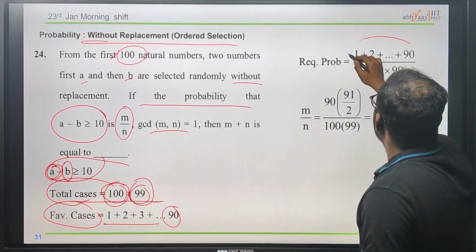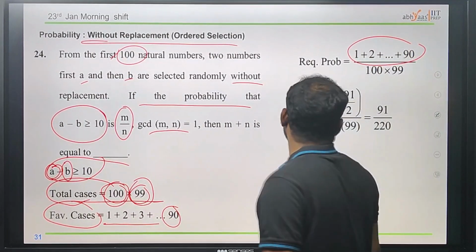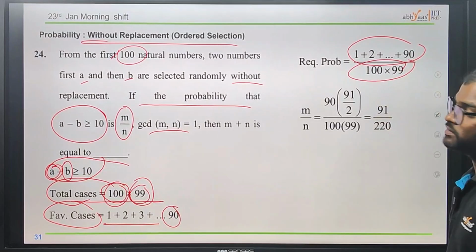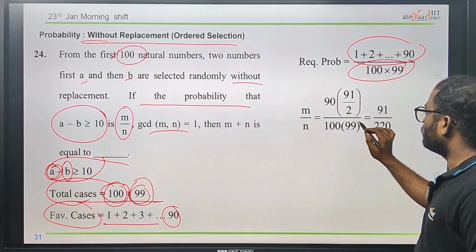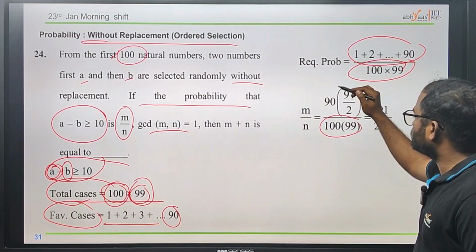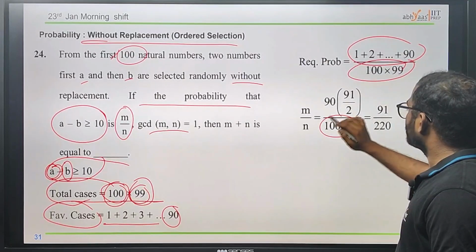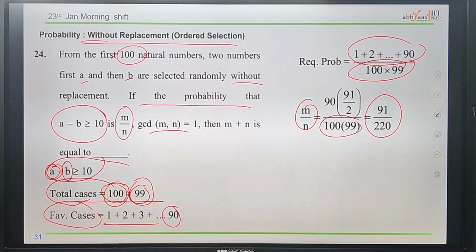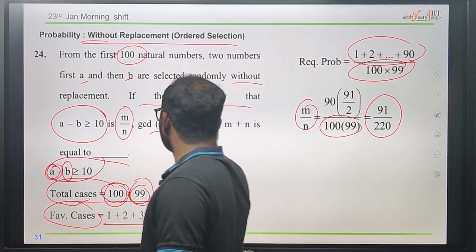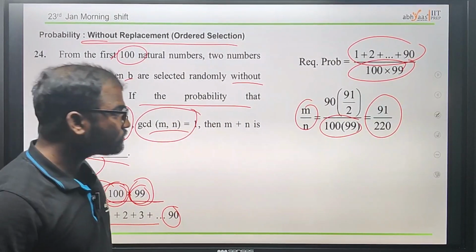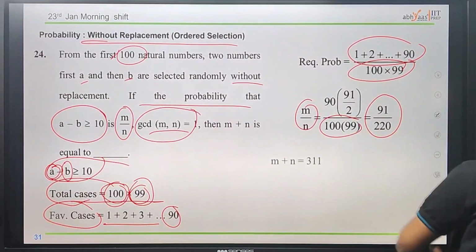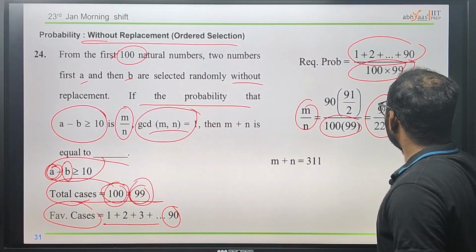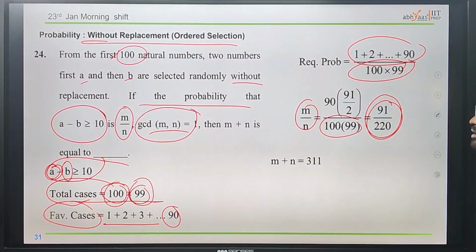Just doing the sum of it, we get the favorable cases, which is n into n plus 1 by 2, divided by the total number of cases. We will have 90 into 91 by 2, which is this one. Further simplification leads to 91 by 220. But what we need is that the GCD of m comma n must be 1, so we need to check whether the GCD is equal to 1.